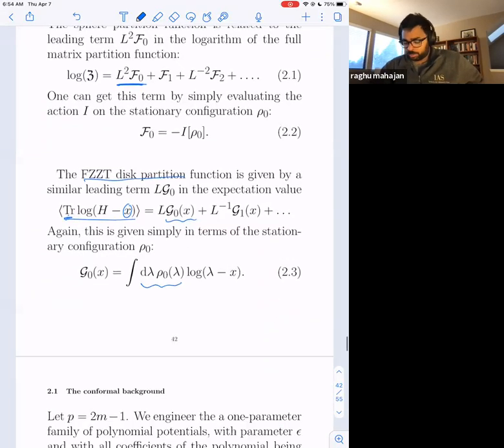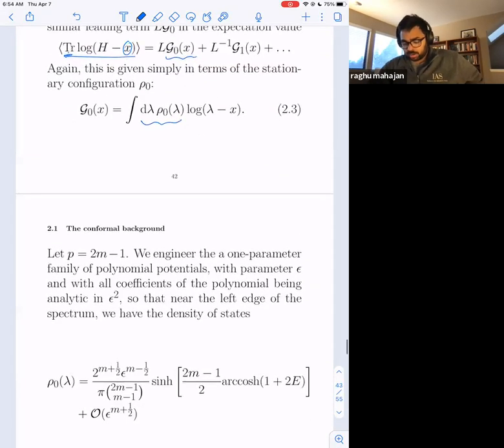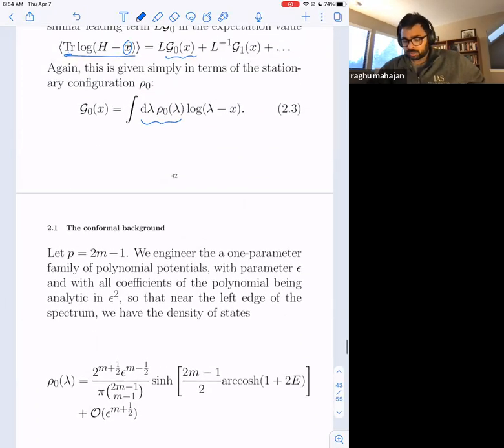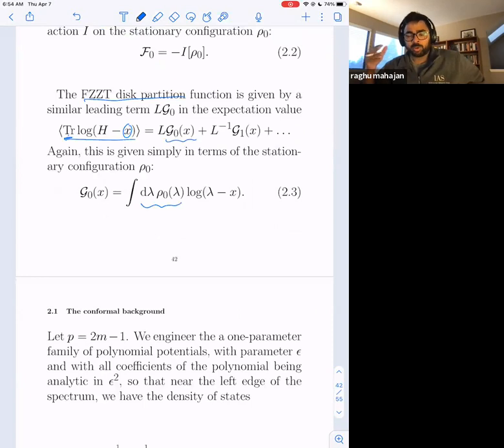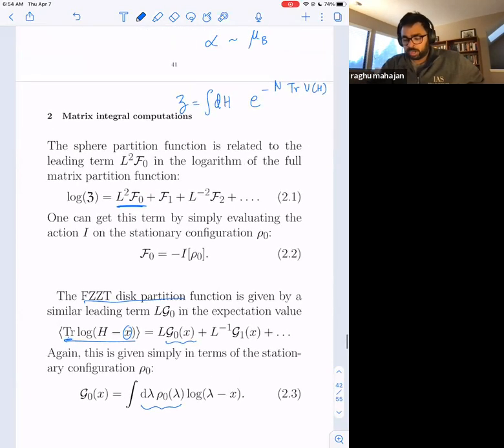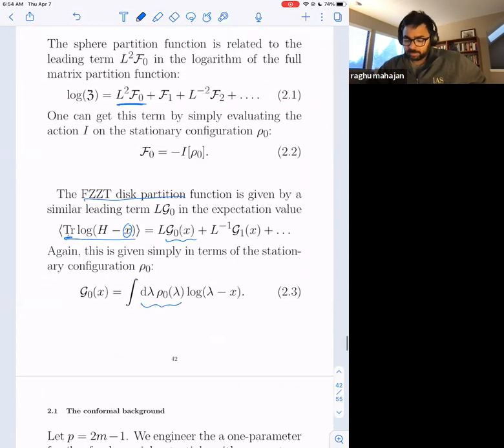And one can compute these things. Let me not go into the subtleties, but the point is one has to input something. So this matrix integral, this potential is arbitrary. So you have to pick a potential in order to match it. And there are known ways of picking this potential in order to match to the string theory computation that I presented.